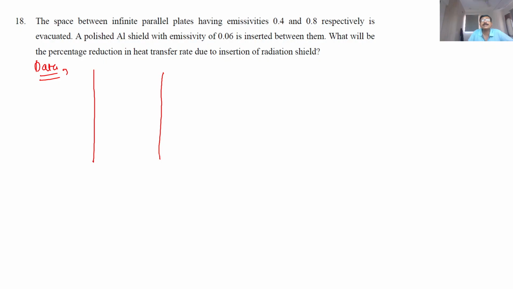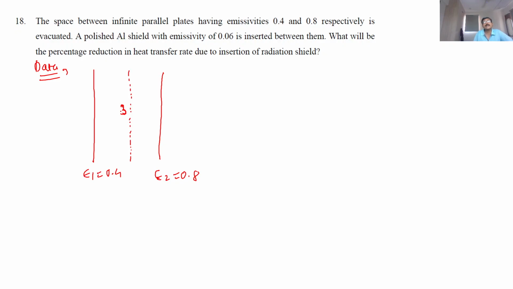Two flat parallel plates are given having emissivity of 0.4, and the second one having emissivity epsilon 2 as 0.8, and the space between them is evacuated, meaning there is a vacuum. A polished aluminum sheet with emissivity of 0.06. So this is a radiation shield added between two flat surfaces, and I will number it as 3.